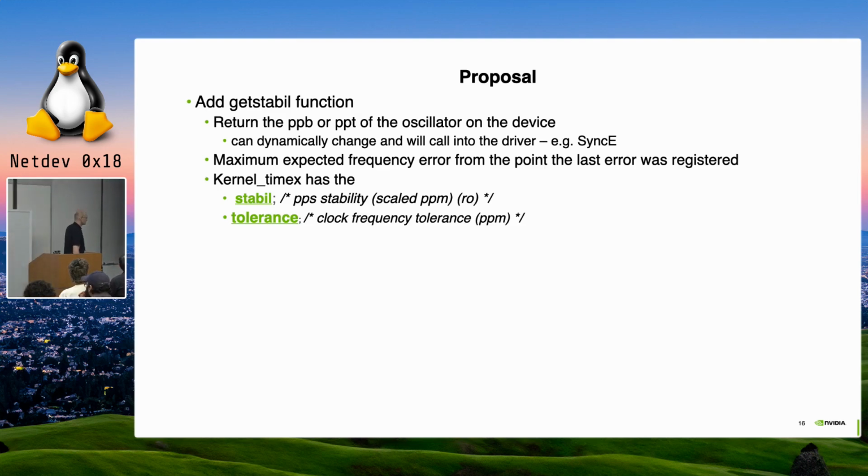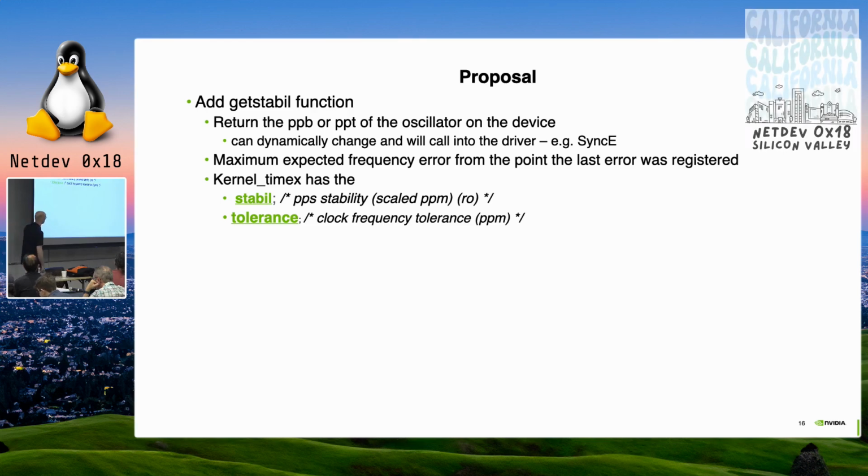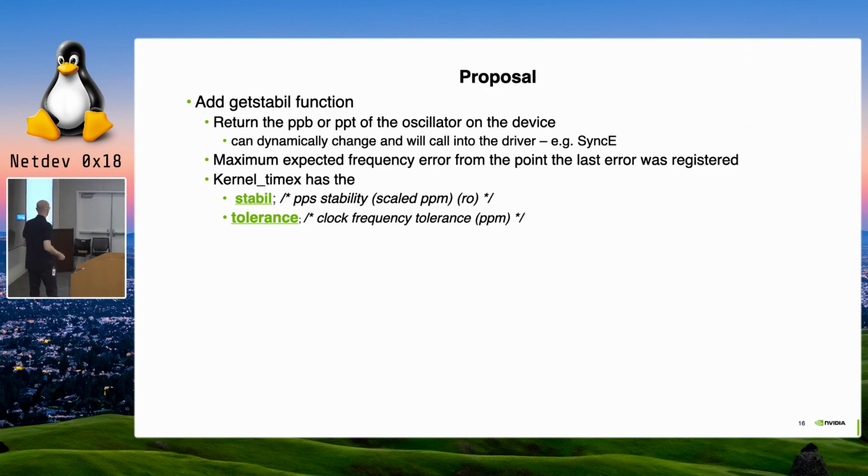Then another function is the get stable, which will actually get the PPS stability, or the stability of our clock. There is a tolerance, but it's in ppm, as I said, and it's not enough for our needs, especially once we move to better oscillators for telecoms and stuff like that, they are definitely not in ppm.